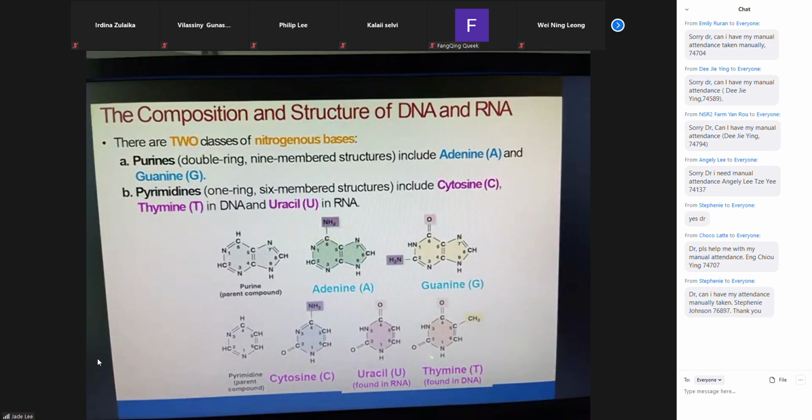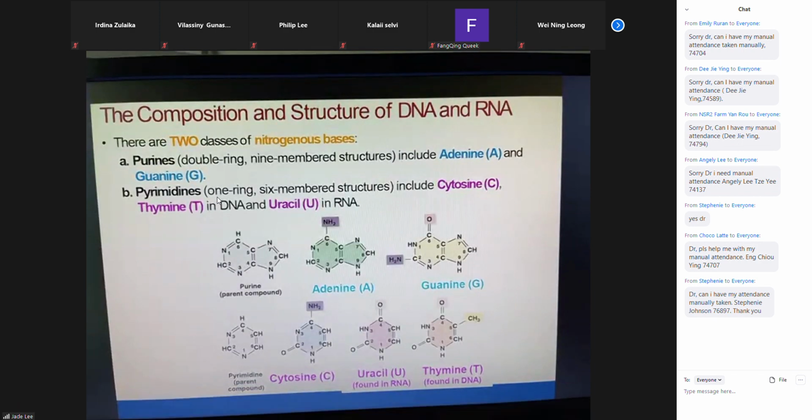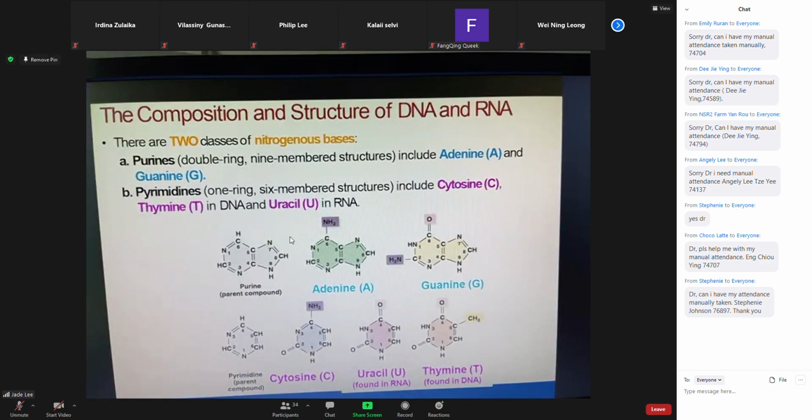Thymine has the CH3, the methyl group, at carbon 5, whereas uracil does not; it only has H. You can also see the difference between RNA and DNA: in RNA the bases are A, U, C, G, whereas in DNA they are A, T, C, G. So thymine is replaced by uracil in RNA.